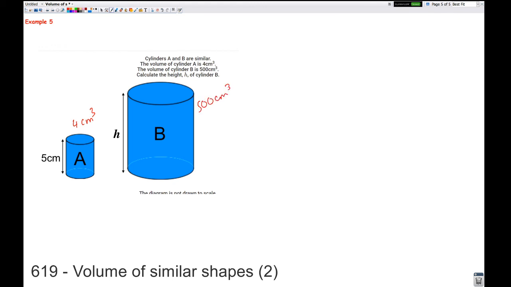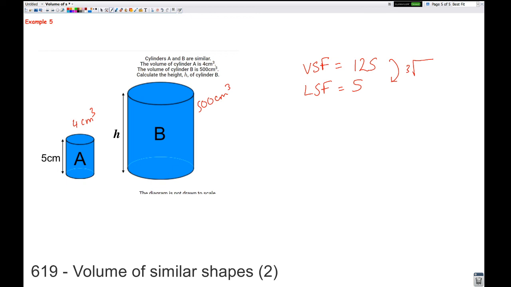To figure out the volume scale factor, we do 500 divided by 4, which is 125. Then to find out the length scale factor, we cube root that answer. Absolutely fine to do that on your calculator. The cube root of 125 is 5. So that's our length scale factor.